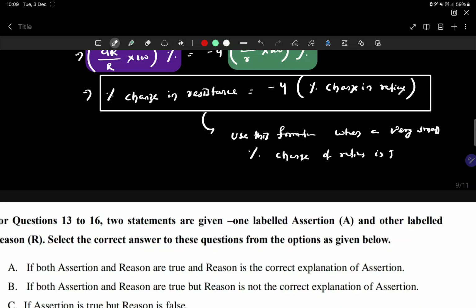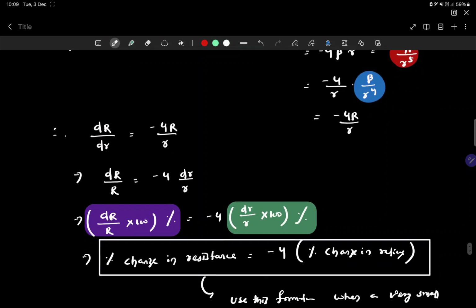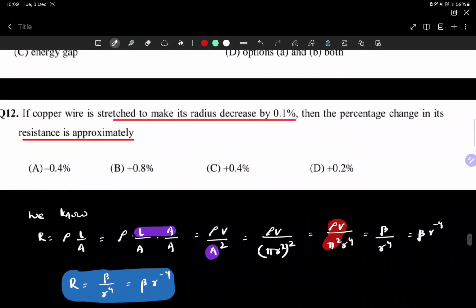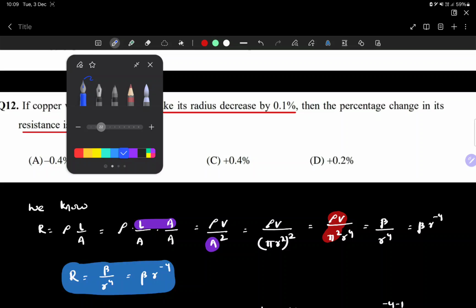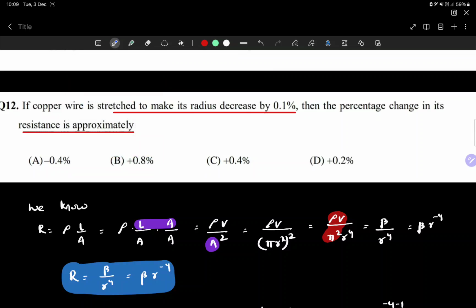So for this question we can use this formula, because percentage decrease in radius is given as 0.1%. So what we have to do? Percentage change in resistance is equal to minus 4 into percentage change in radius.